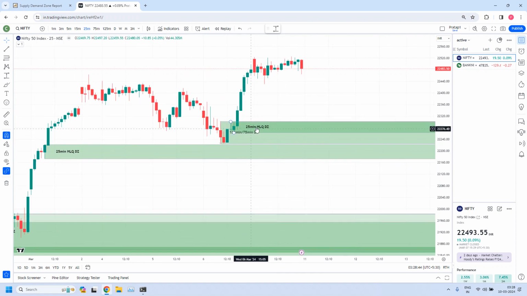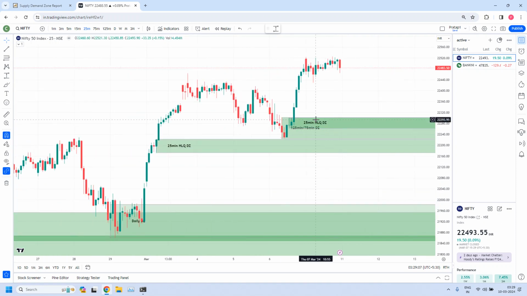Probably this will hold the prices during the next week. If next week supply is very strong, probably it may give one entry or two entries, and after that this will be violated. If demand is very strong, in case prices come here, then it will give a very big push. That is also possible.